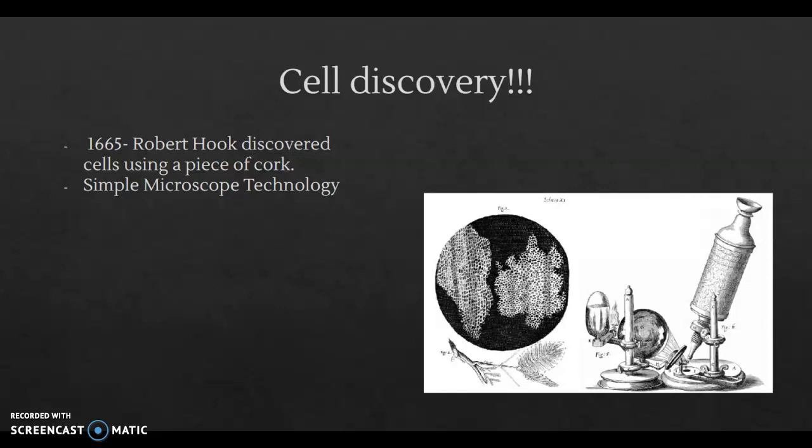He was able to use a microscope to examine a piece of cork, and he realized that the structure looked a lot like the cells that monks lived in, hence the name cells. So in this picture we can see how he might think, oh, they're all clustered together, kind of like the cells that monks lived in. And so this discovery really was the first one to examine cells.